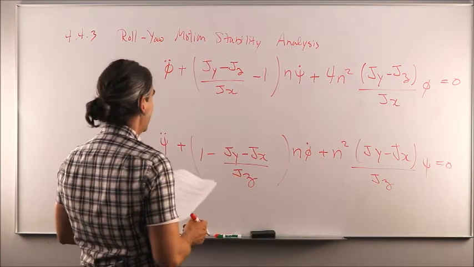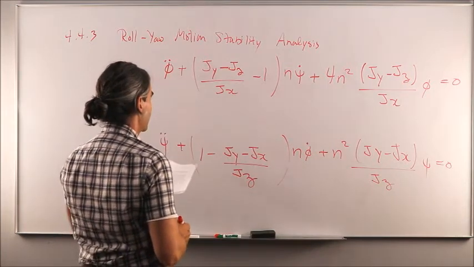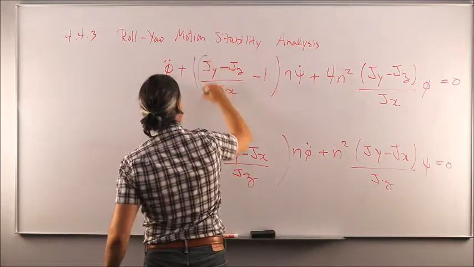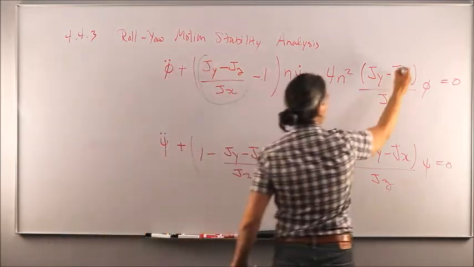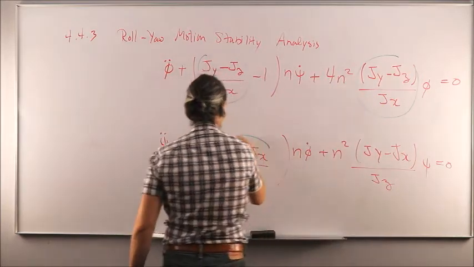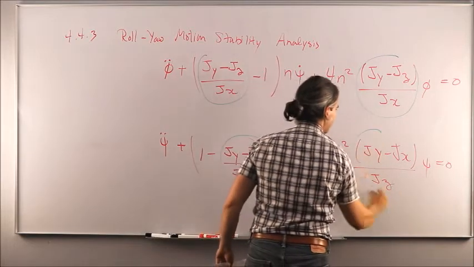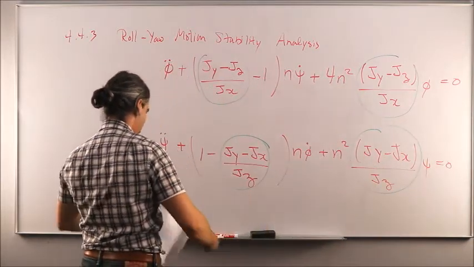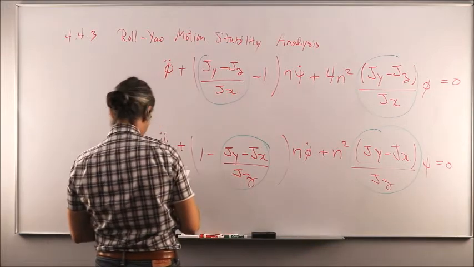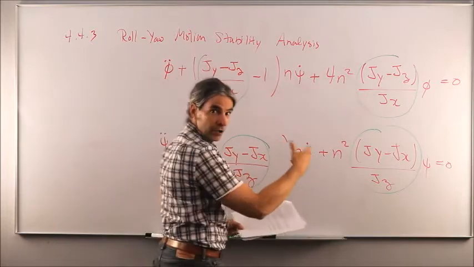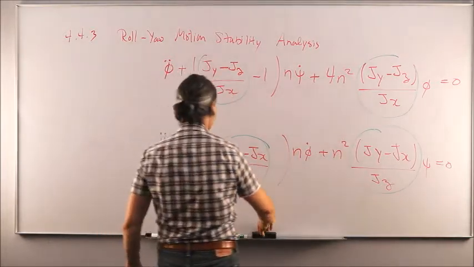And the reason why I wanted to write things this way is because I have repeating terms now. Right now, this is equivalent to that. And we've got this one equivalent to this one, such that I'm going to replace these, which are simply constants, right? Ratios of inertia are constant numbers.